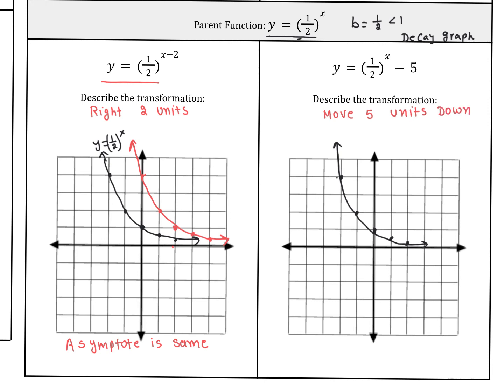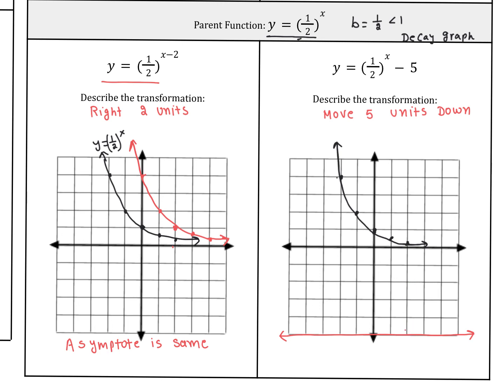All the points are moving 5 units down. This asymptote line is moved 5 units down. So this line is moved 1, 2, 3, 4, 5 here. So this is my line, 5 units down. And all the points are moved 5 units down.